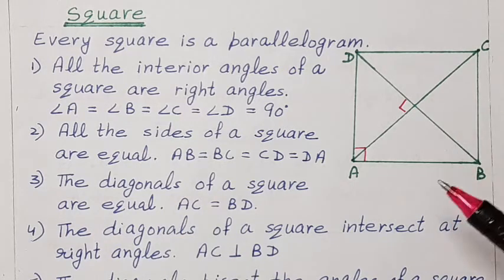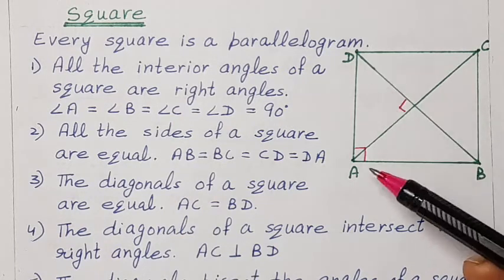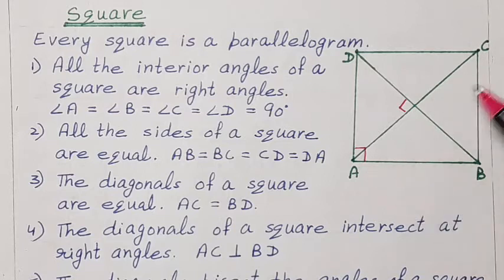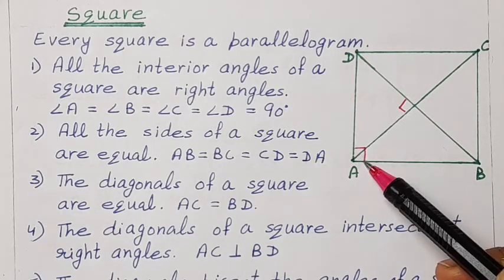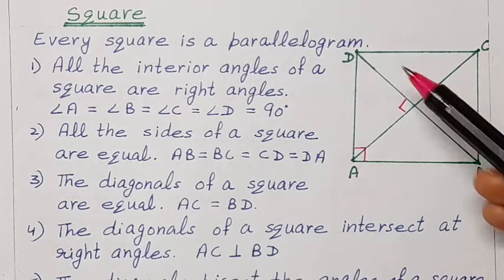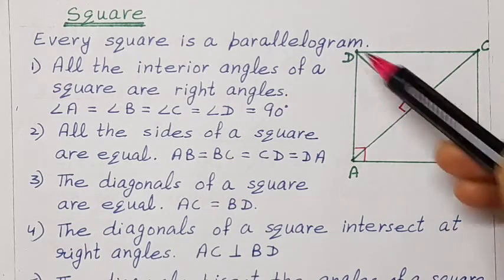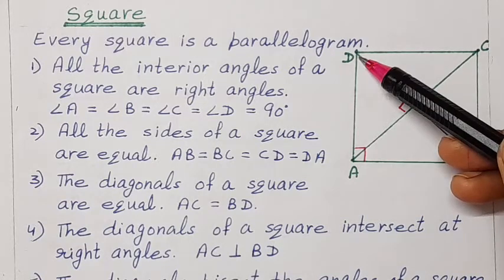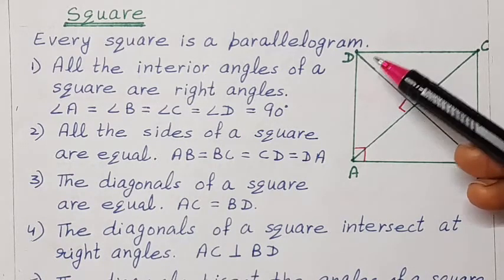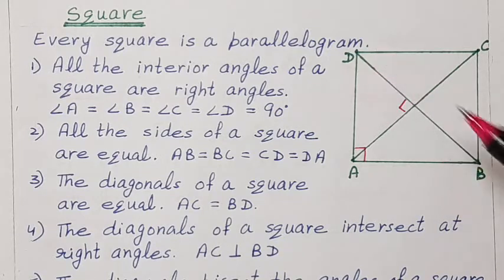Also, diagonal AC bisect angle A as well as angle C. That means both the angles are of 45 degree each. Similarly, BD diagonal also bisect angle B as well as angle D, and here also both the angles are of 90 degree, that is half of 90, 45 degree each.